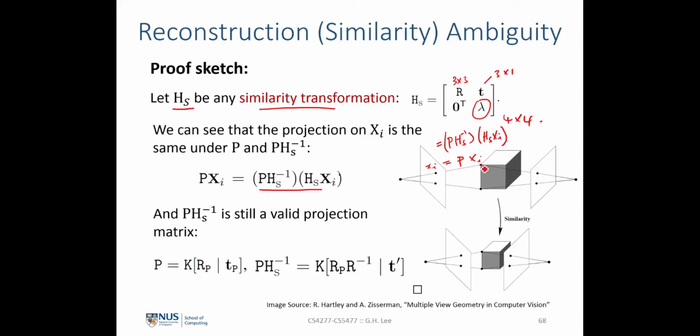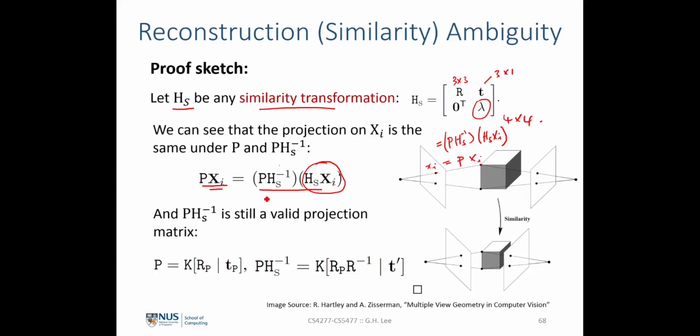What this means is that we can distort this particular 3D point using a similarity transformation, as well as the camera projection using the similarity transformation, and this will still fulfill the projection function, where the distorted 3D point will still project back to the same image coordinate. We know that the 3D structure is going to be scaled up or scaled down according to the similarity transformation.